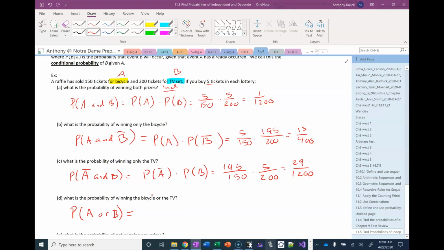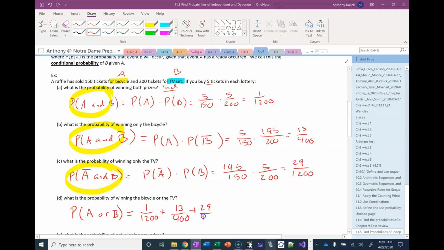I can win the bicycle only, I can win the television only, or I can win both the television and the bicycle. So if you notice, that's exactly what we computed in these three steps: bicycle and television, bicycle only, television only. So I have really just 1 out of 1,200 plus 13 out of 400 plus 29 out of 1,200.